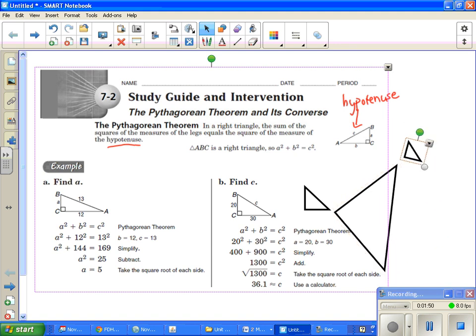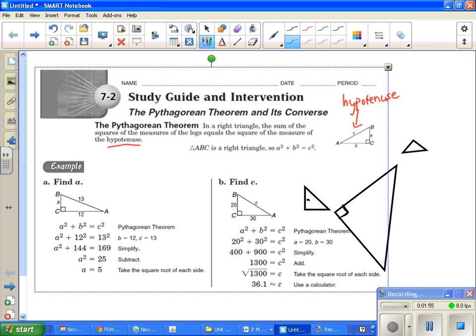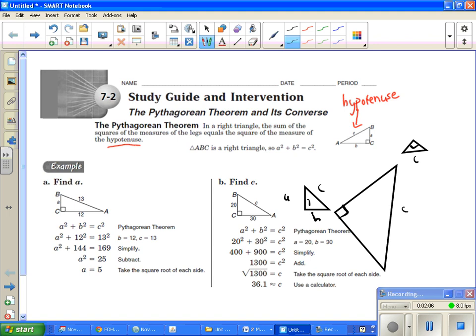All of these, no matter what, here's your right angle, so here's your hypotenuse, and here's a, b, and c. No matter what type of right triangle you have, a squared plus b squared is always going to equal c squared. So what that lets us do, let me get rid of these.